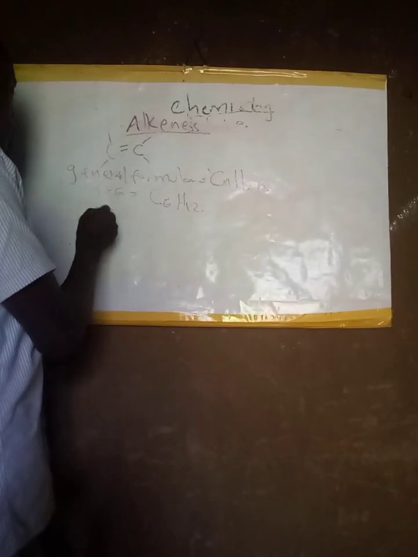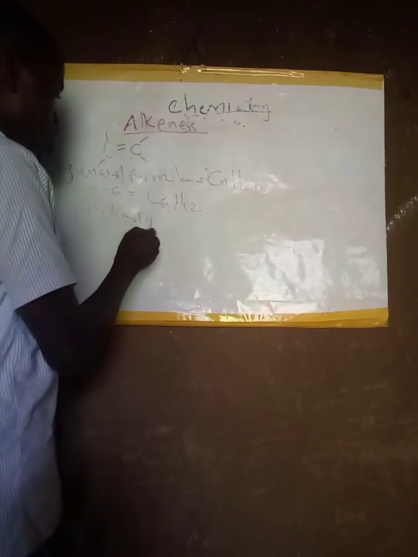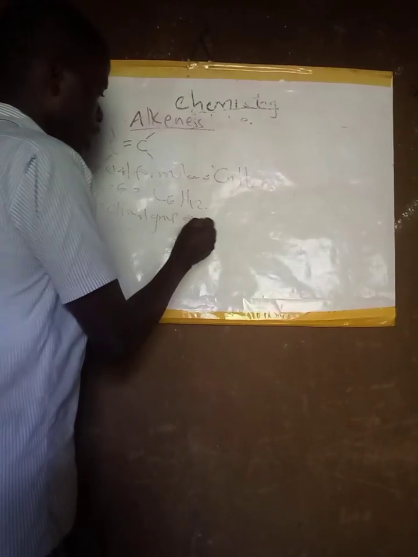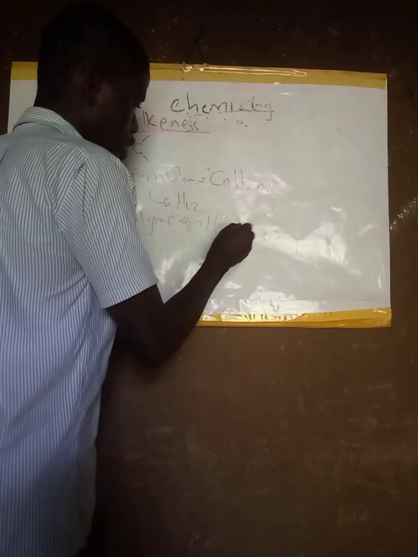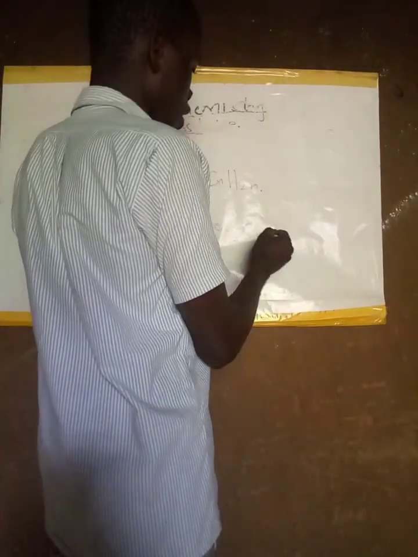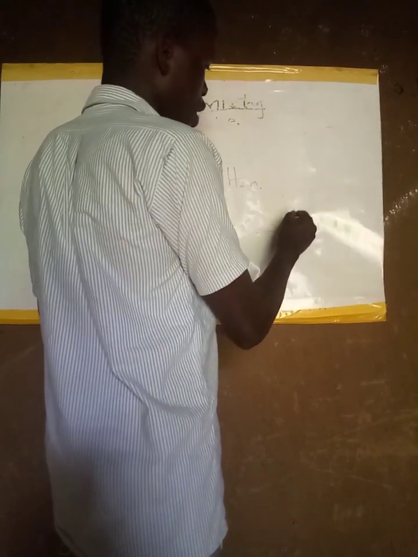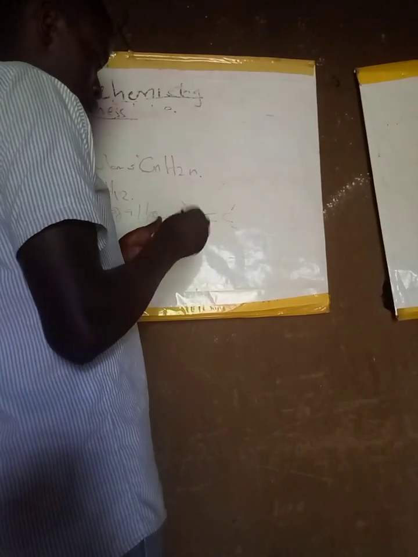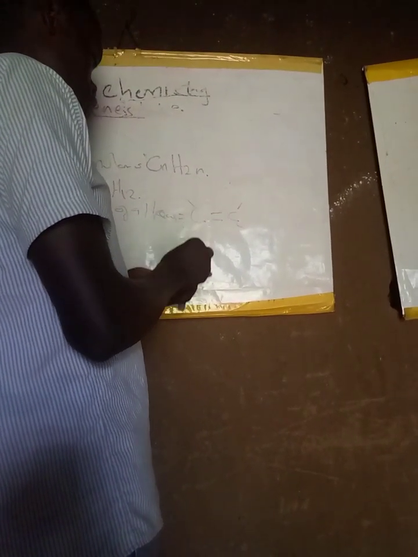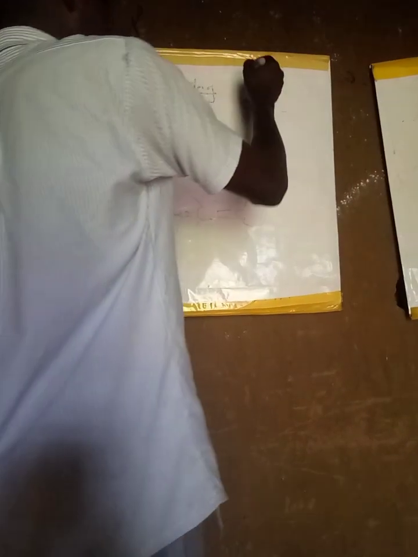Functional group of alkene is C double bond C, then we have hydrogen atoms attached. I forgot to give you the functional group of alkenes.